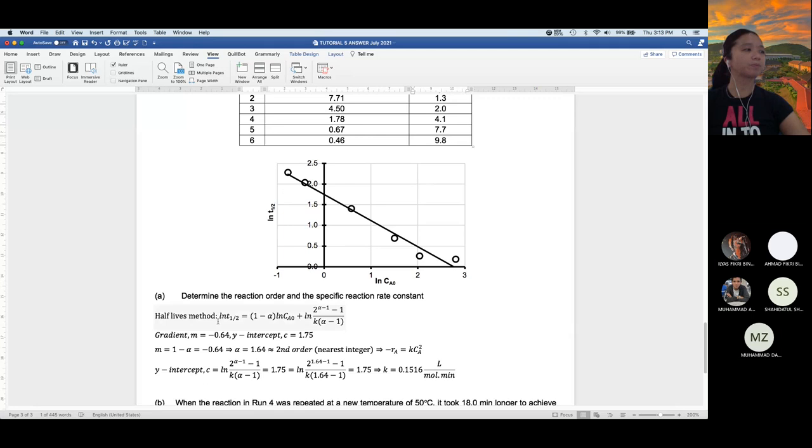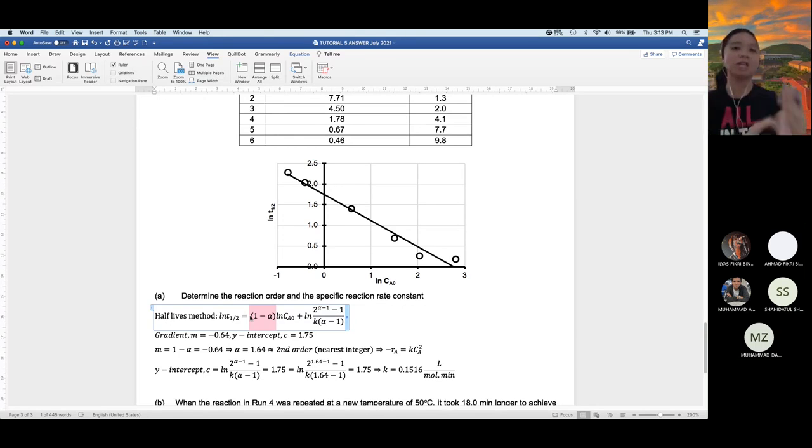Half life method bukan tengok saja, tengok equation dia sebab kita plot graph berdasarkan equation. So half life method ni equation dia panjang, okay? Ln T half, y axis saya adalah ln T half equals to in bracket 1 minus alpha ln CA0. So ln CA0 tu adalah x axis saya. Hence 1 minus alpha tu mesti adalah saya punya gradient sebab dia kan y equals to mx plus c.